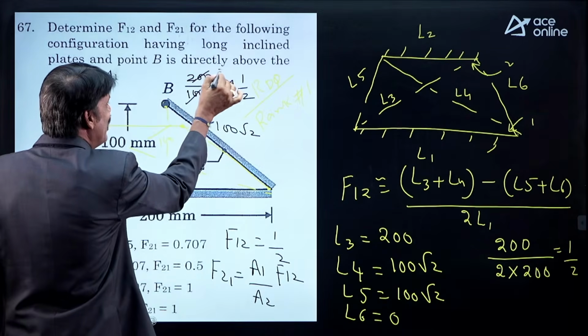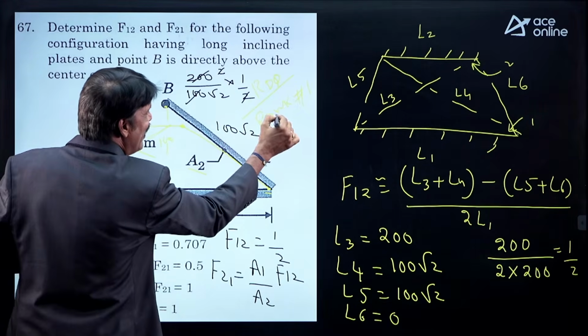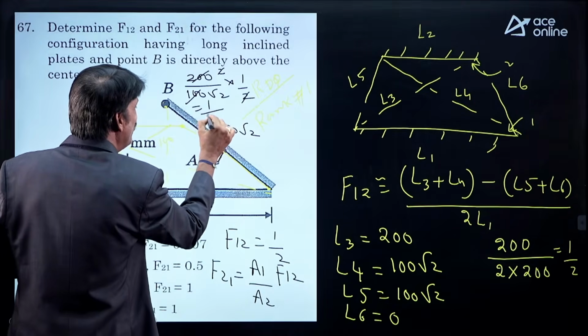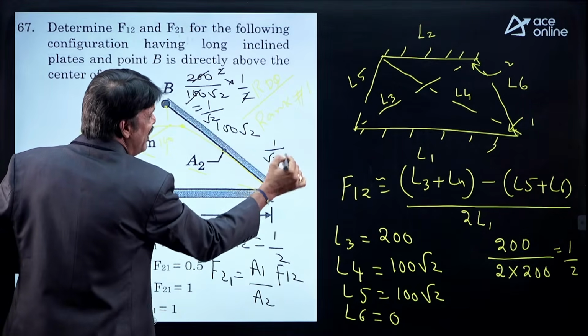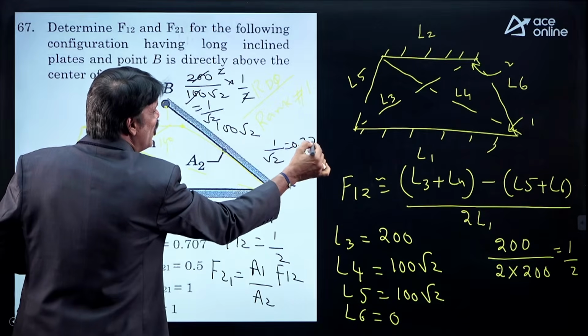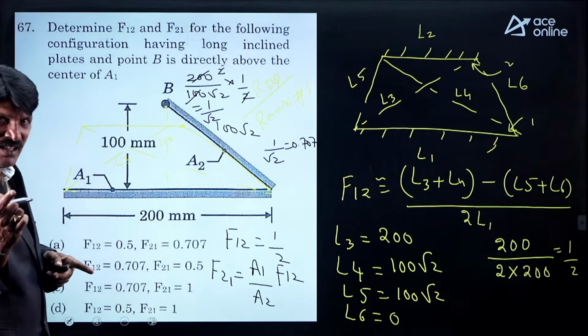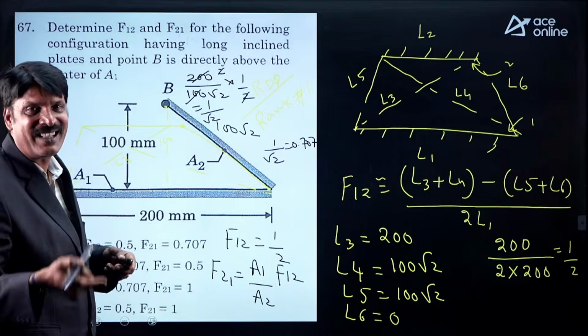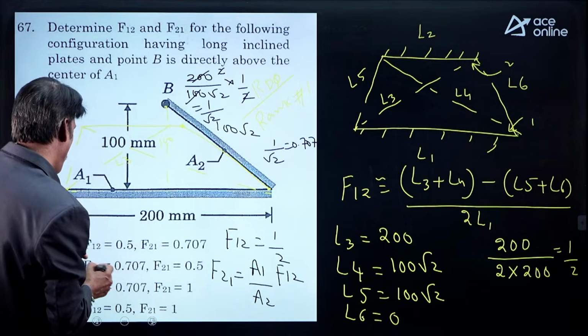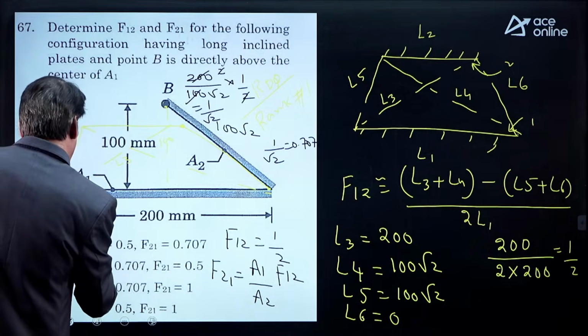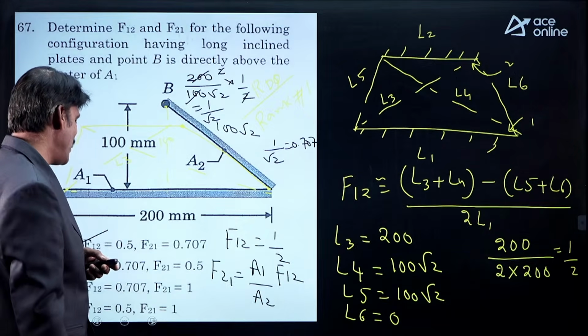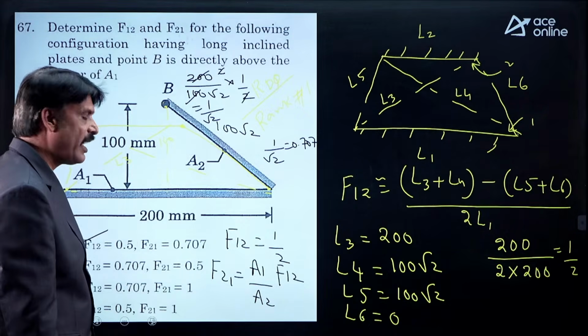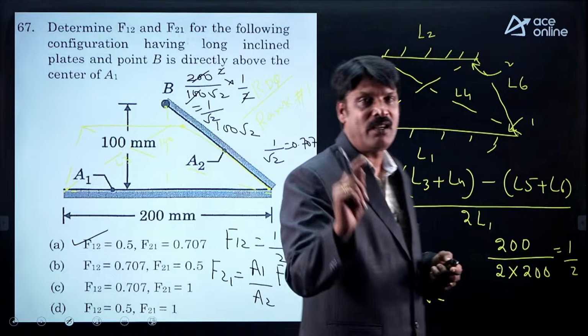The 2s cancel, and this value is 1 by root 2, which is 0.707. You should always know clearly that no shape factor will be greater than 1. So, F1 on 2 is 0.5, F2 on 1 is 0.707. Answer is A. Really good question.